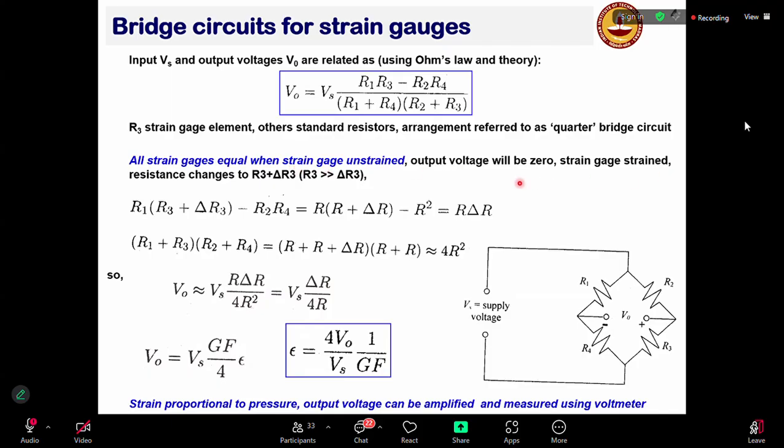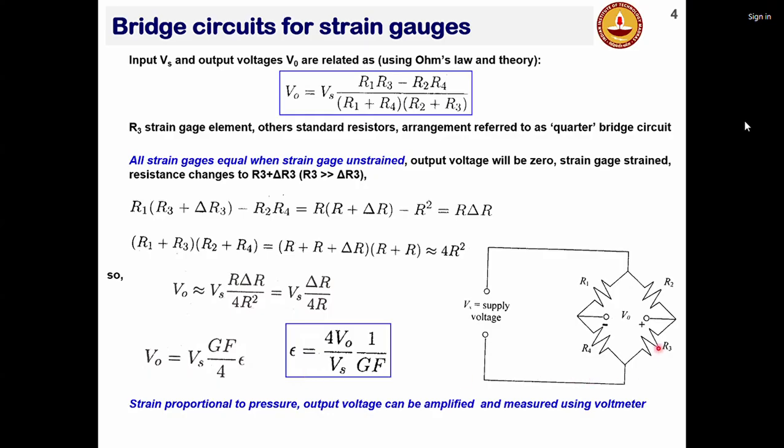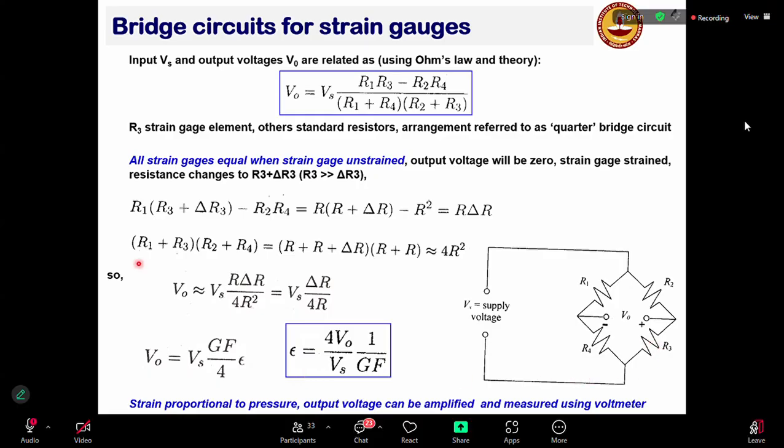In that condition, we have to know what is the strain that is measured by the strain gauge. So first we look at the numerator of this term: R1 into R3 minus R2 into R4.